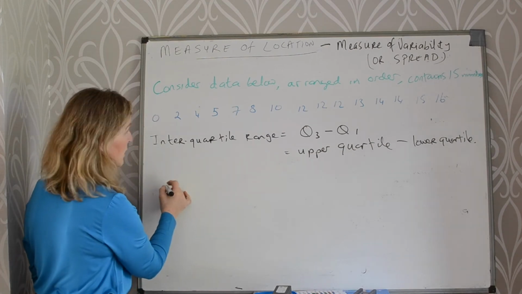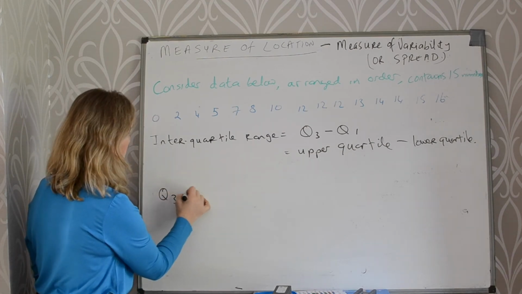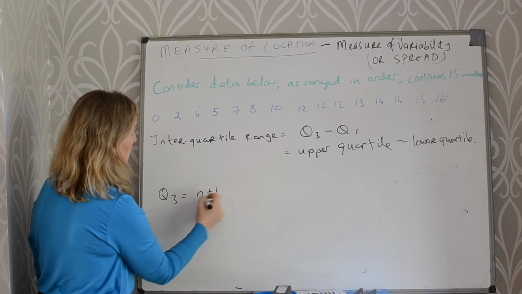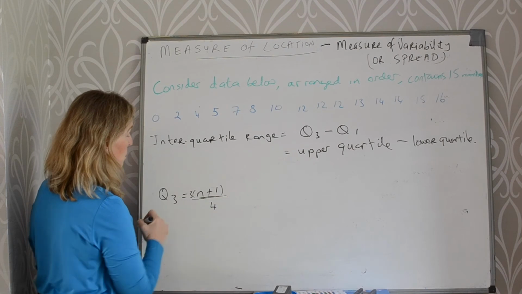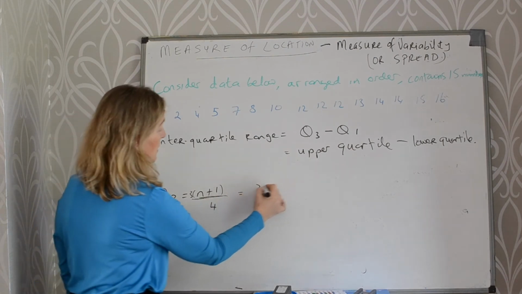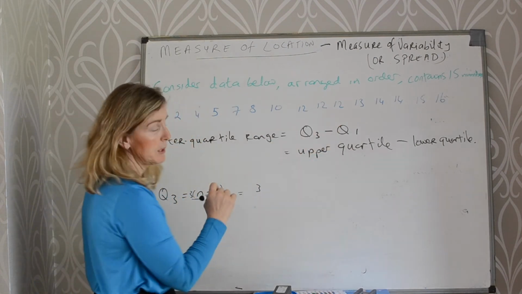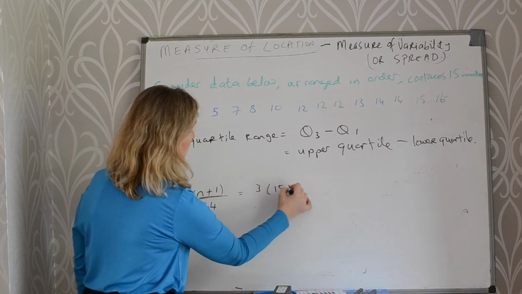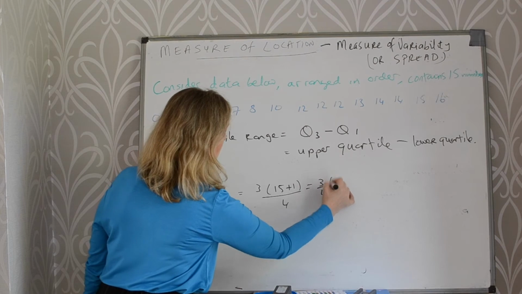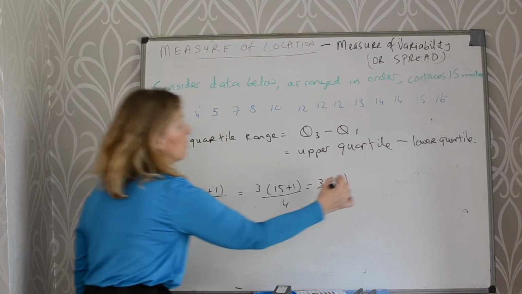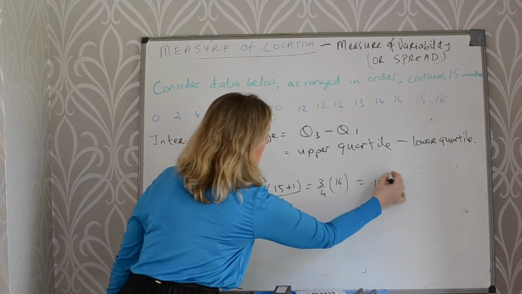To get Q3, we said it's 3 times n plus 1 all over 4. We have 15 numbers, so 15 plus 1 all over 4, so that's 3/4 of 16, which is the 12th value.